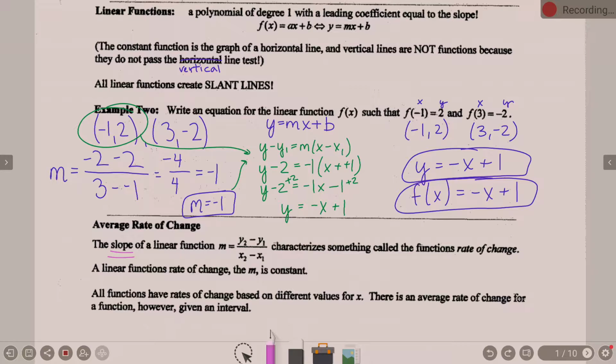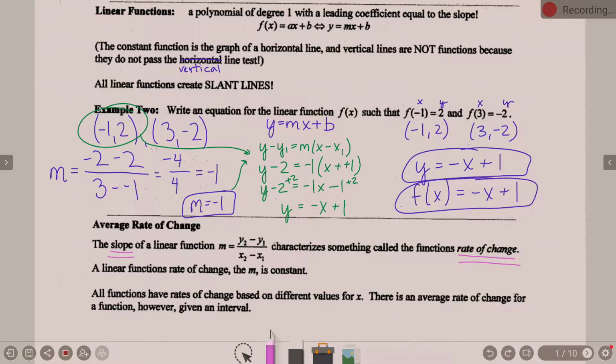But the slope of a linear function, m equals y2 minus y1 over x2 minus x1, characterizes something called the function's rate of change. When we talk about a line, the slope talks about rate of change. At what rate is that line going up or going down? At what rate is that line changing? A linear function's rate of change, so the m value, is constant, because a linear function, a line, has one rate of change. If the graph was curving, that's a whole other story, but we'll talk about that later.